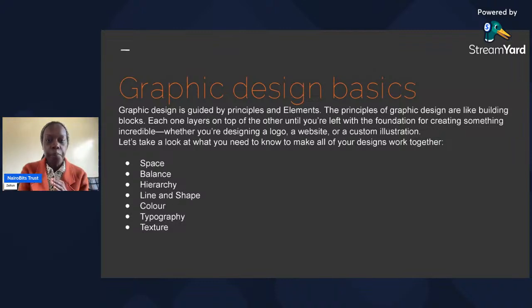They are called the principles of design. The principles of design are the rules that all graphic designers follow. And then there are elements. Elements are the things that make up design. So the principles of design are building blocks, layers on top of each other.